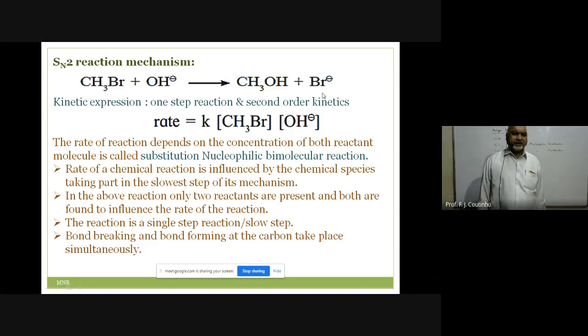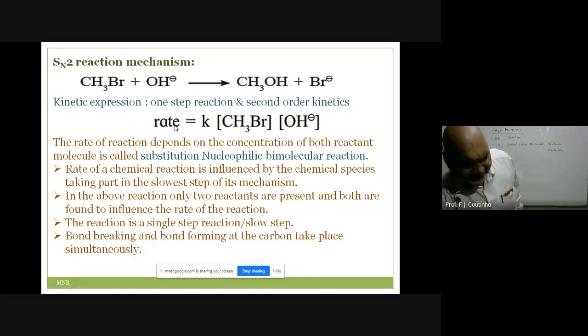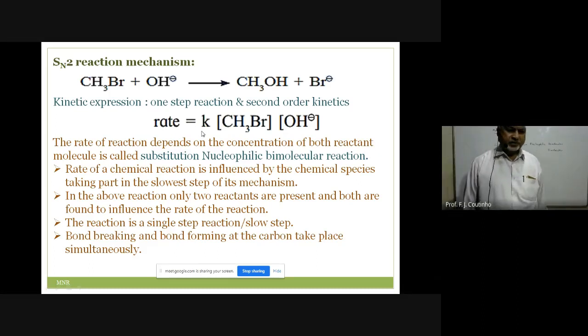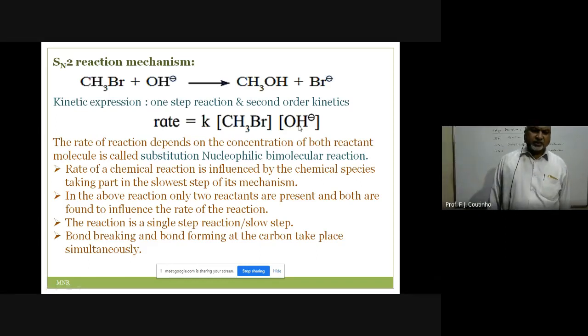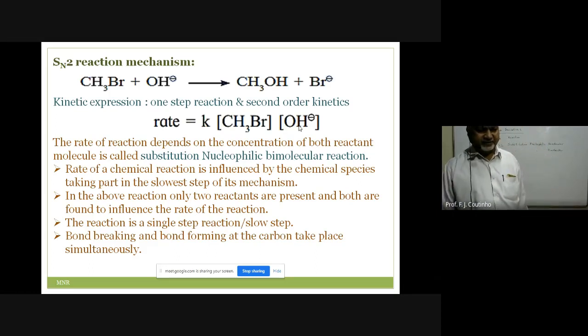If you go to the kinetic expression here and look at the rate of the reaction, rate is equal to k times the concentration of methyl bromide and the concentration of hydroxyl ion, that is OH minus. Here there are two molecules which are responsible for the rate of the reaction, and that's why it is said to be a one-step reaction and the order is 2.